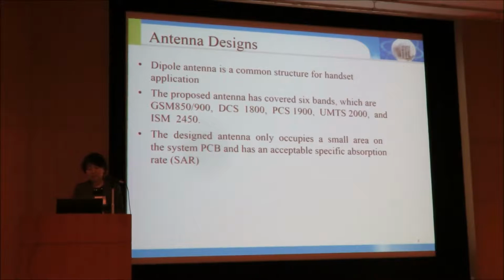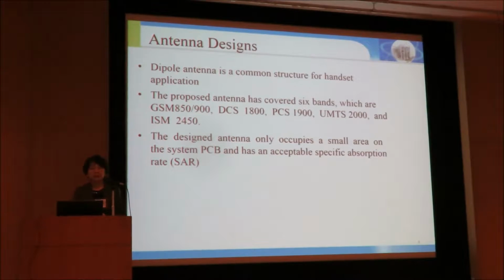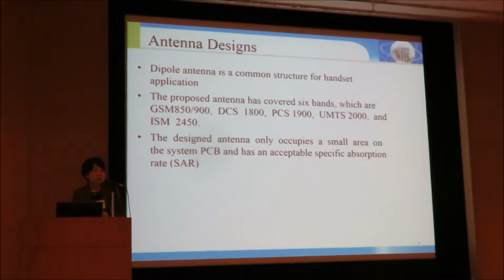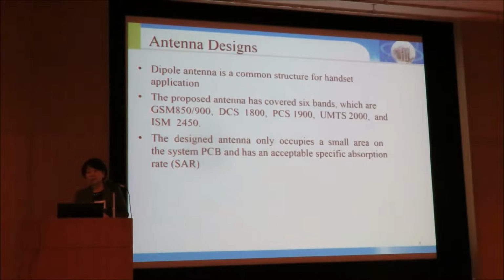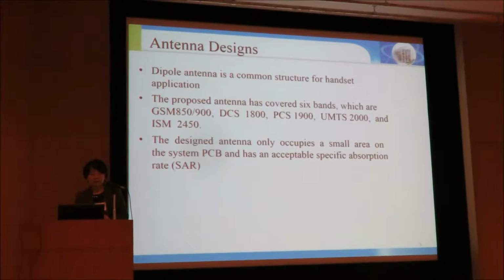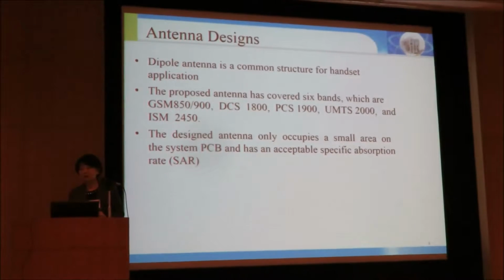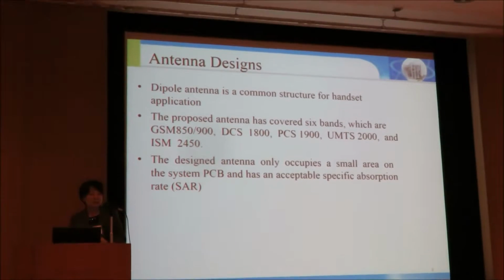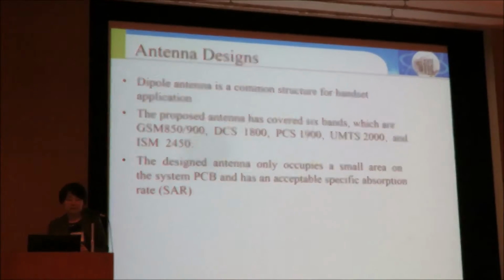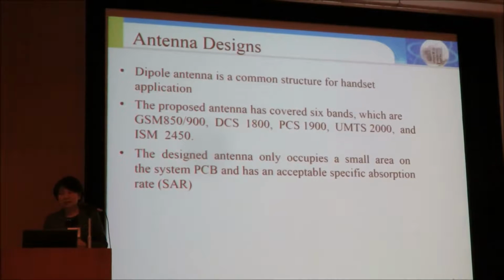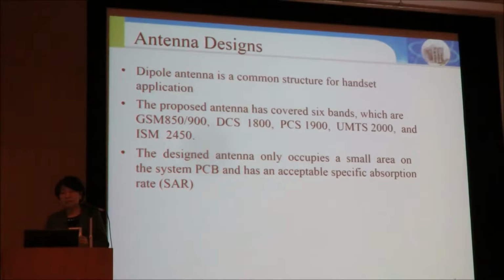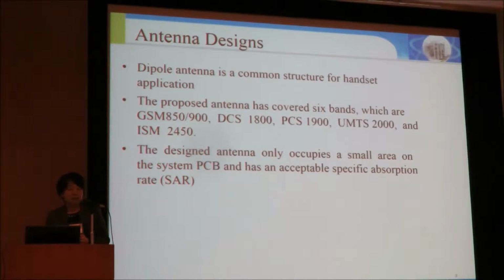The dipole antenna is a common structure for handset applications. It has the advantages of simple structure and omnidirectional radiation, but it also has disadvantages such as narrow band and large dimension. So in our study, we make a novel dipole antenna.